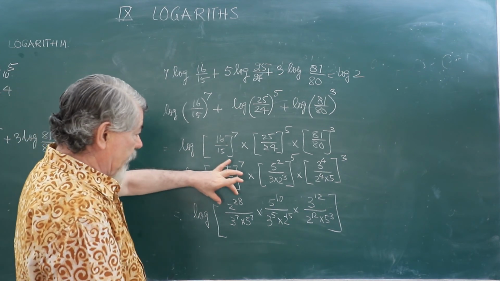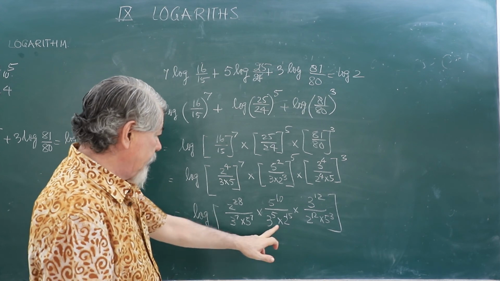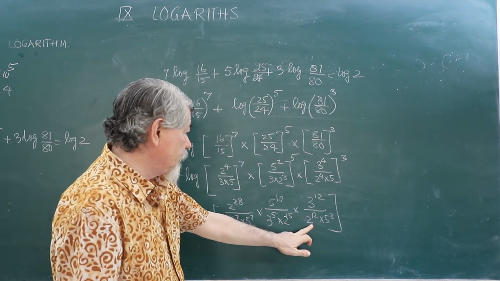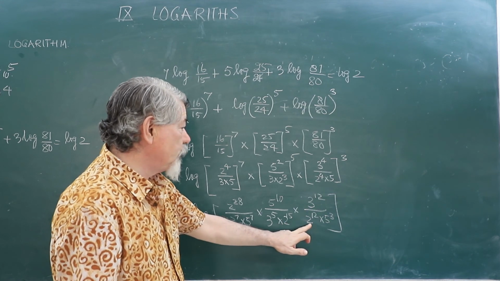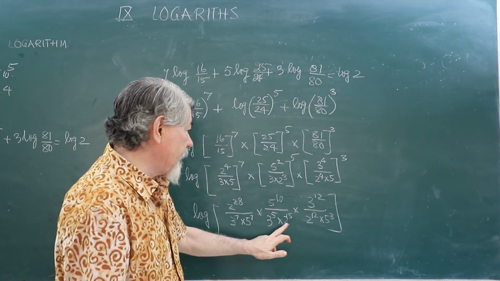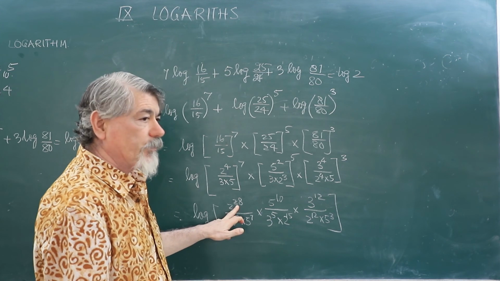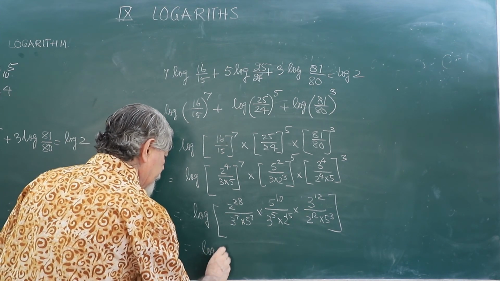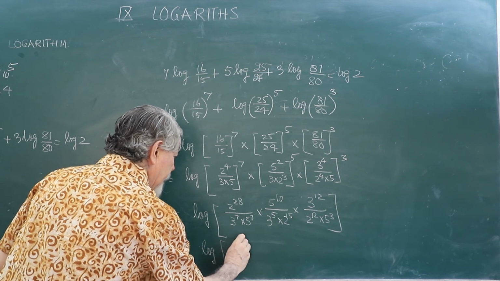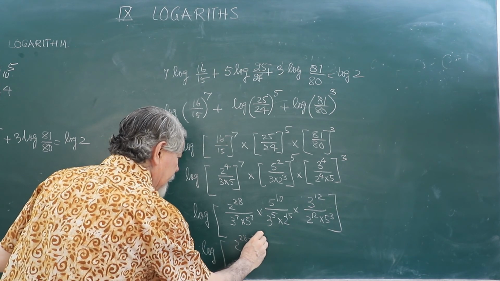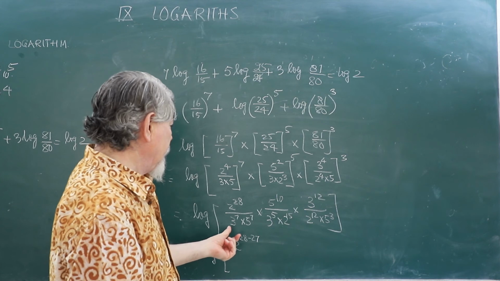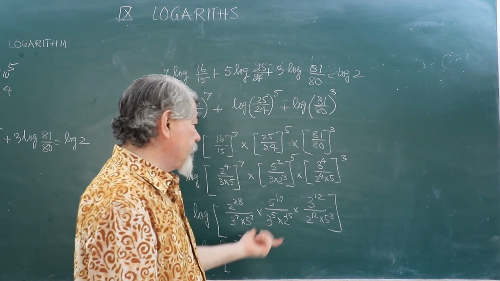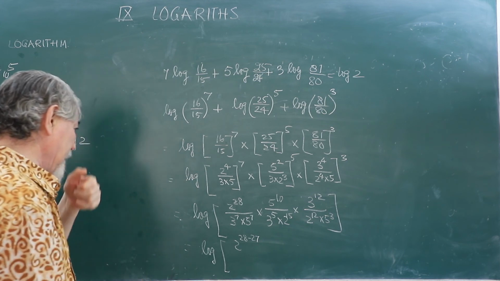Now it is 2 to the power 28 here. It is 2 to the power 15 and 2 to the power 12. 15 and 12 will be 27, 2 to the power 27. So it will be log 2 to the power 28 minus 27, because in the denominator I have 2 to the power 15 and 2 to the power 12, 2 to the power 27 I have taken up.